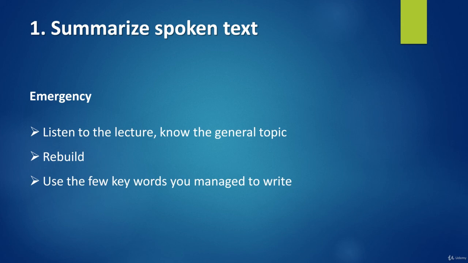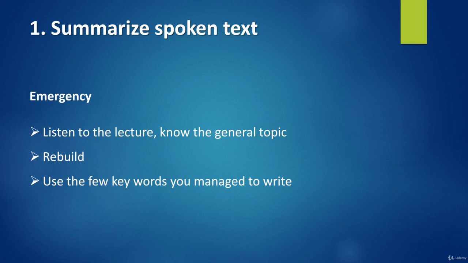In a situation where you miss a big part of the voice clip and have not written down more than just a couple of keywords, you should try to rebuild the lecture yourself. By that, I mean include those few keywords you managed to write down and build sentences revolving around the general concept of discussion.